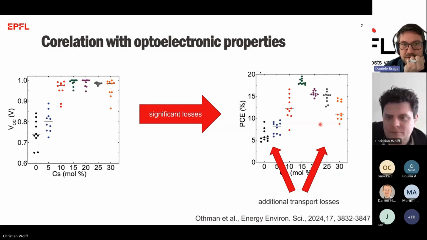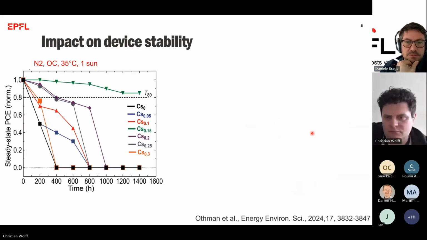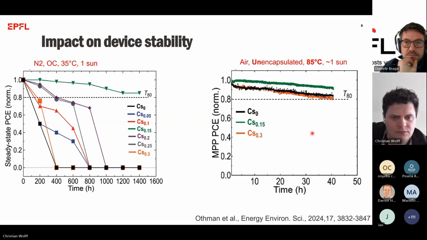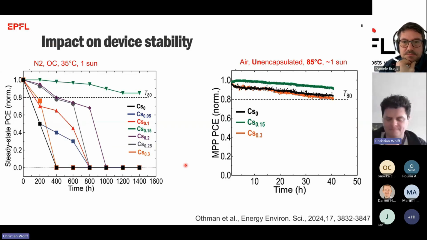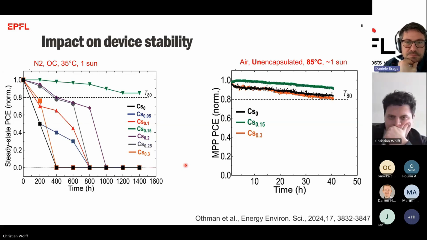Right, in 0.25, maybe Fan Fu can confirm. Is this from literature or from our results? I don't see this. Yeah. Let's keep it for later.